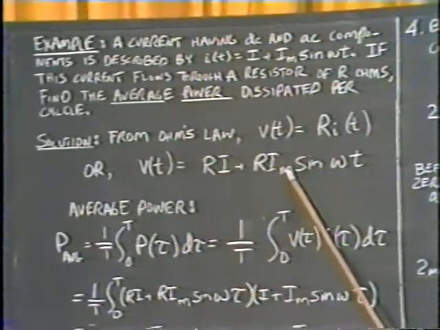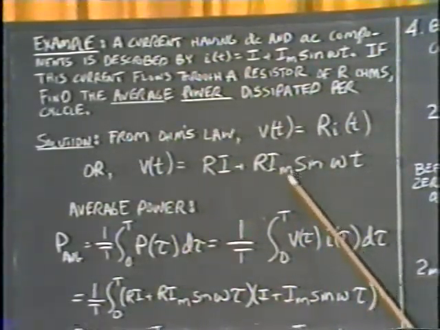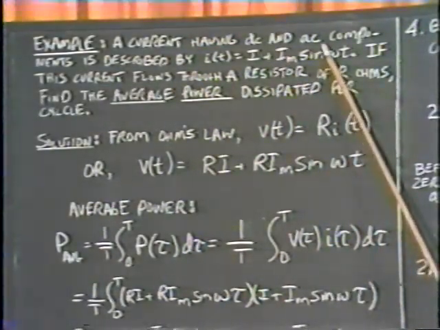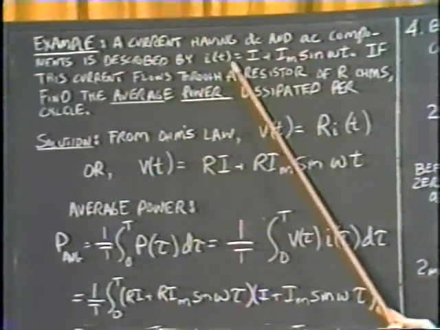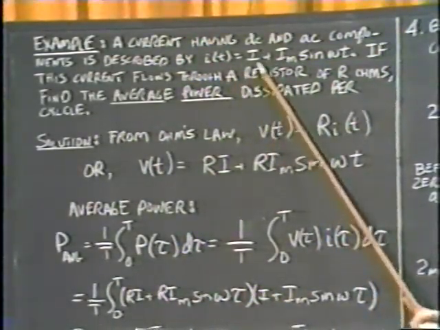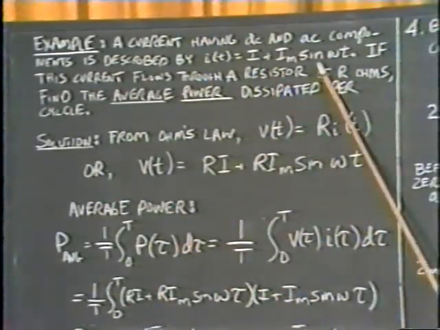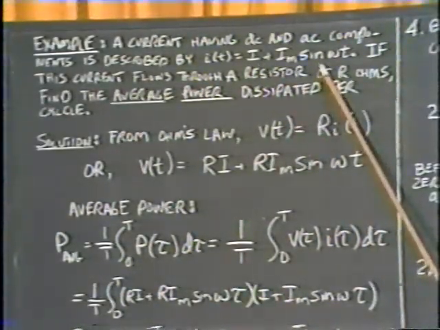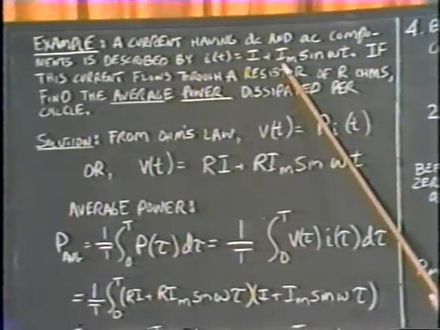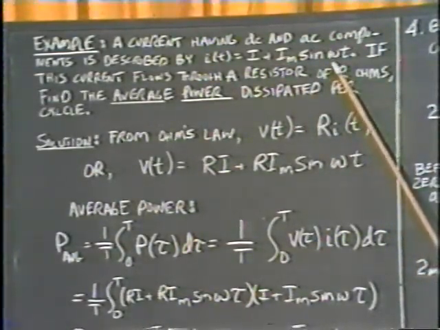First example, we have a current, in this case, it has both a DC and an AC component. And this is the mathematical expression for the current. The DC component is represented by the constant current I, and the AC component is represented by the sinusoid with an amplitude of Im and some angular frequency omega.